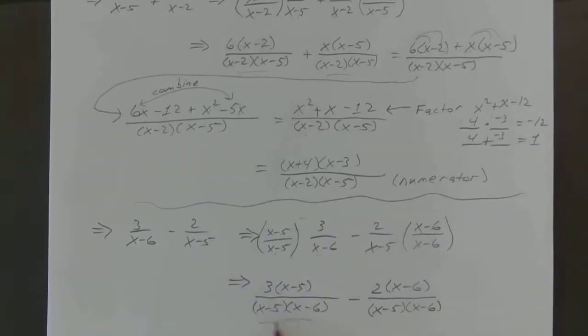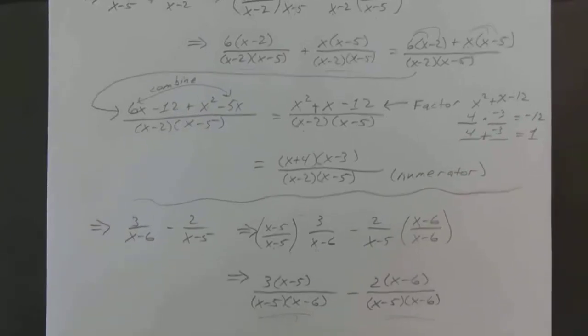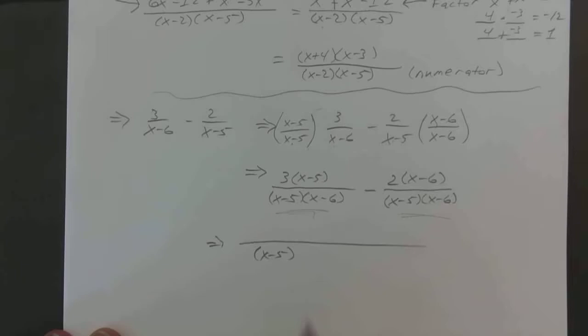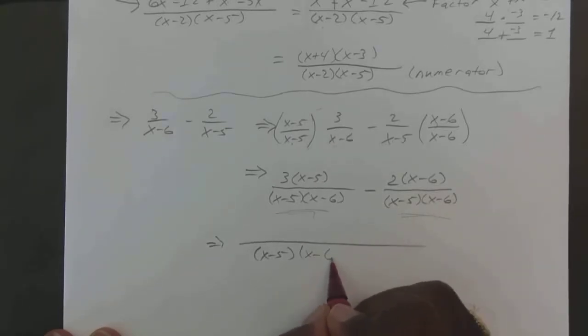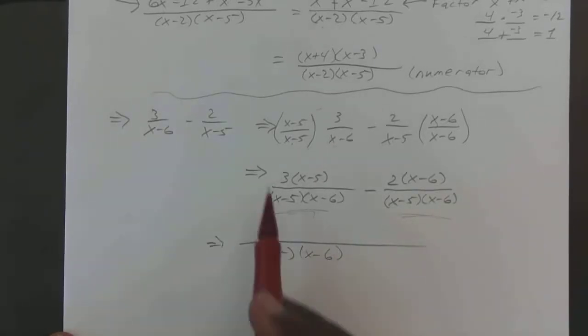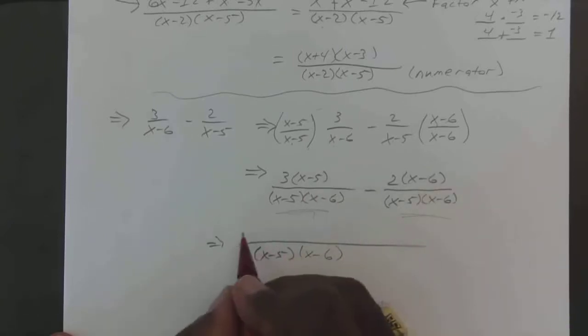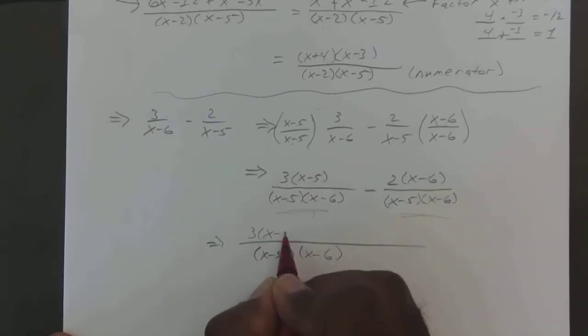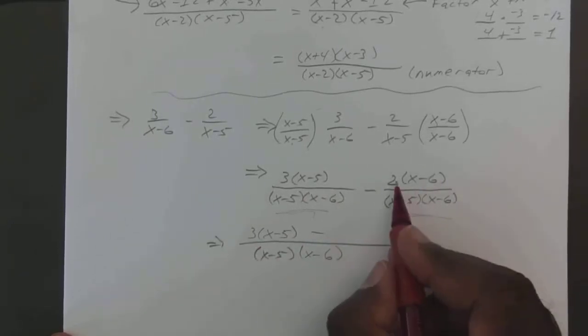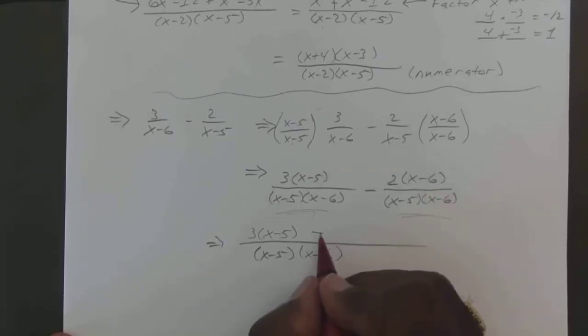We have our matching denominators, which means our answer is going to be something over x minus 5 times x minus 6. I'll write it underneath. So x minus 5 times x minus 6. Here you have 3 times x minus 5 minus 2 times x minus 6.